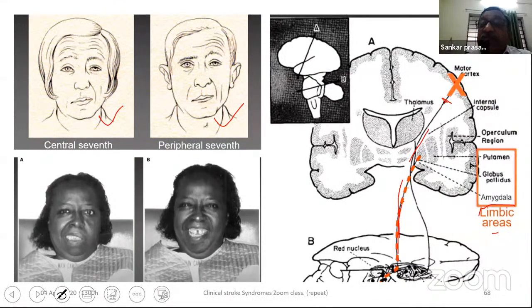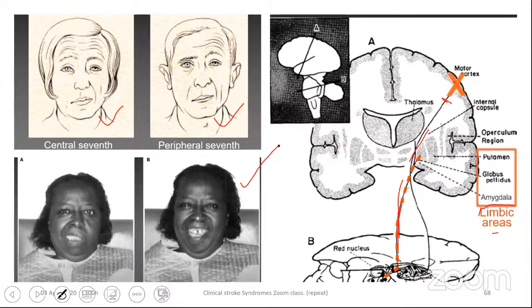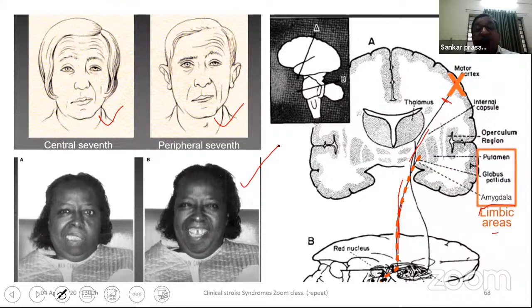But if these fibers are spared, what happens is the emotional smile is present. If you ask her to smile, she won't smile, but if a situation develops where a smile is elicited, she will smile like this. So that is emotional facial palsy, which can occur if only these fibers are affected.